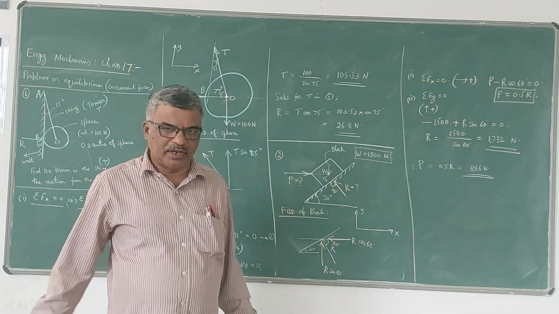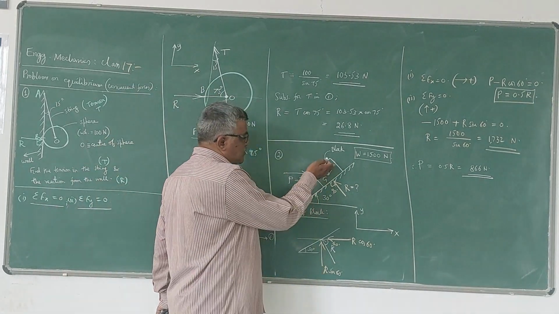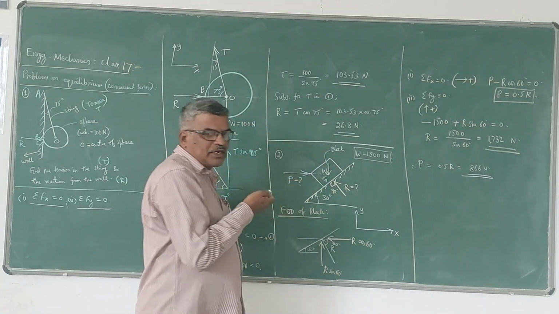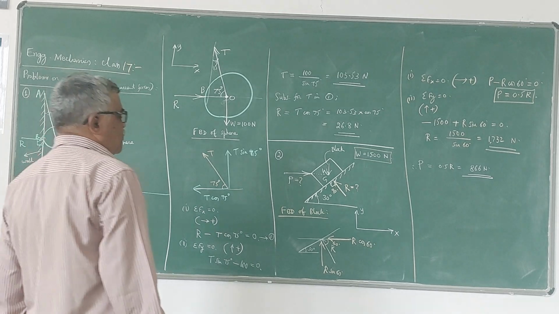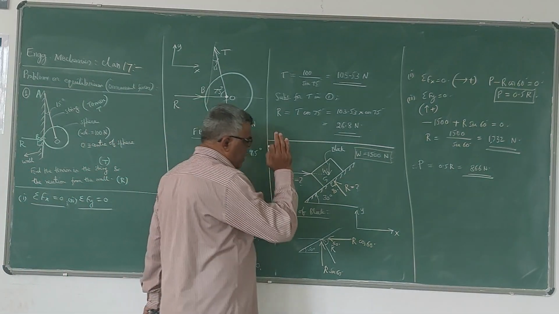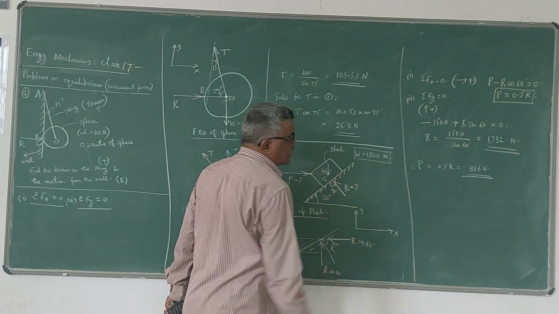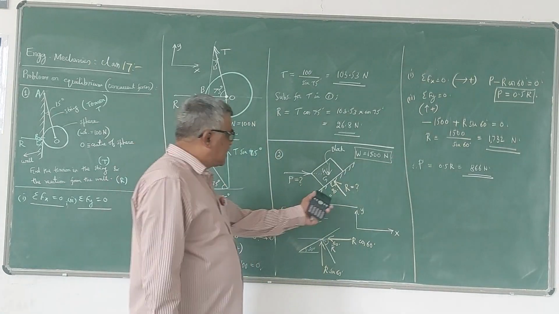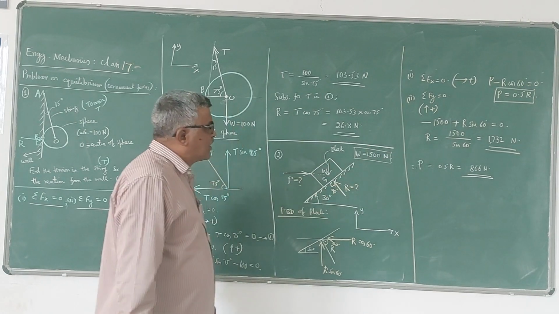Otherwise, if you don't apply this force P, the tendency of the block is to move down due to its own weight or gravity, and equilibrium will not be achieved. So to keep the body at rest, we have to apply a force P equal to 866 Newton, and the reaction will develop in this direction, equal to 1732 Newton.